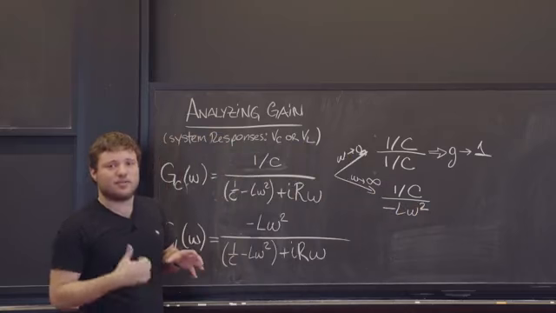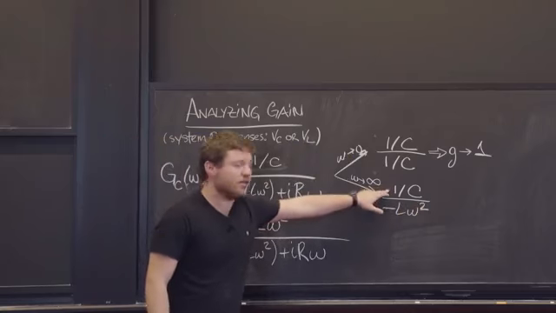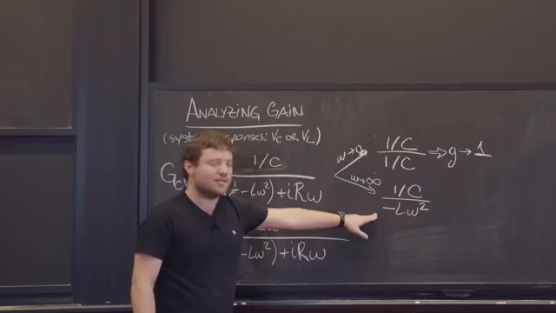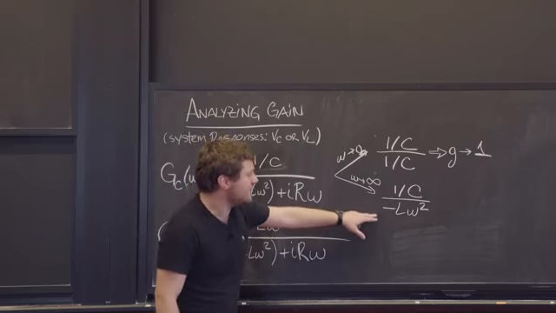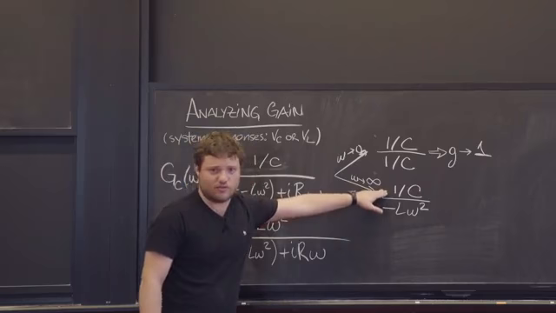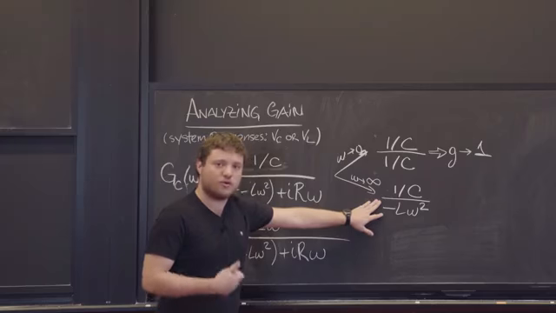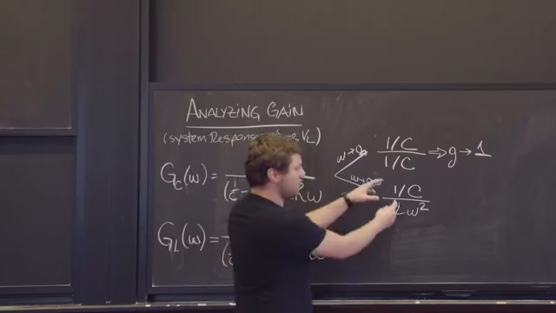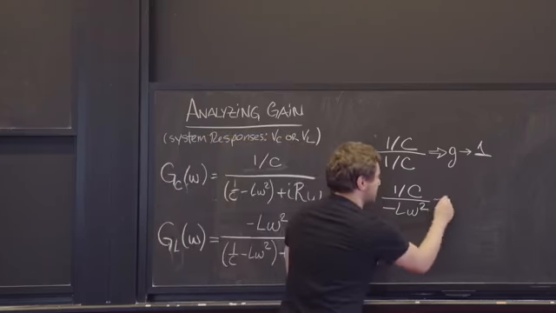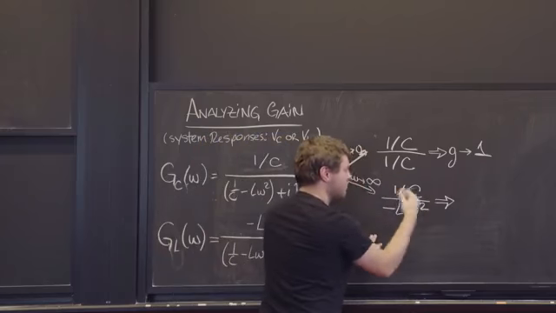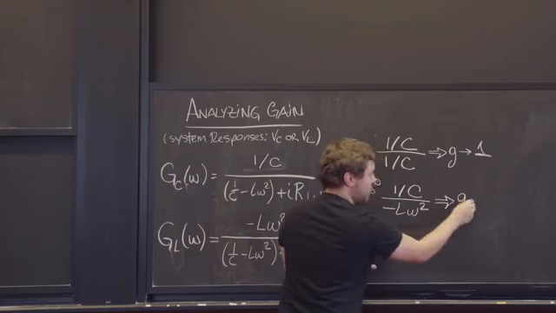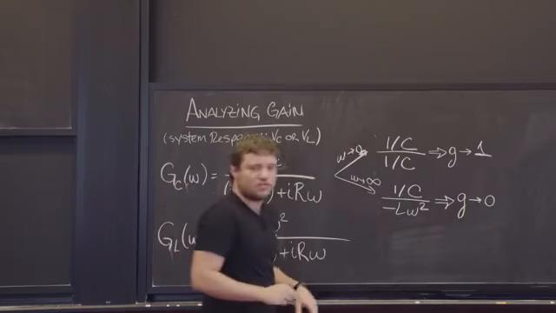And now we need to think about the magnitude of the numerator and the magnitude of the denominator. We see that the magnitude of the numerator is just 1 over c, a constant, whereas the magnitude of the denominator grows as omega squared. So this ratio is going to 0. So the ratio of the magnitudes, little g, is going to 0.